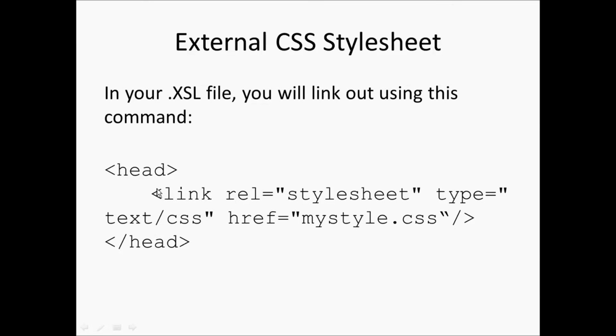I would just copy and paste it and place it right in your .xsl file. You're going to have style sheet, type, again the text/CSS, and then you're going to have this href, hypertext reference, and then it'll go to whatever your .css file is called. That's what you'll put in there, and then you close it out with head.